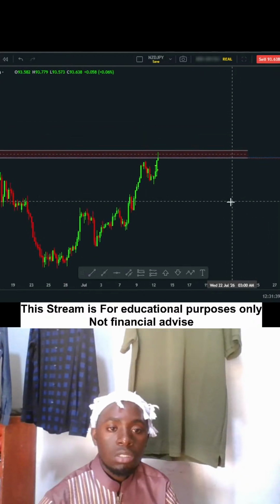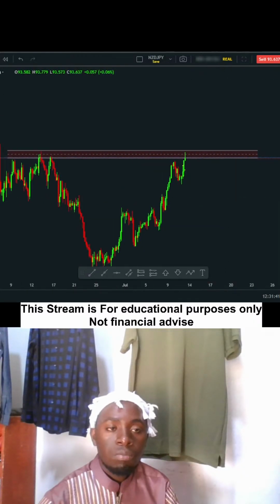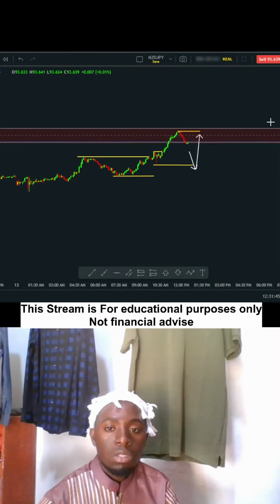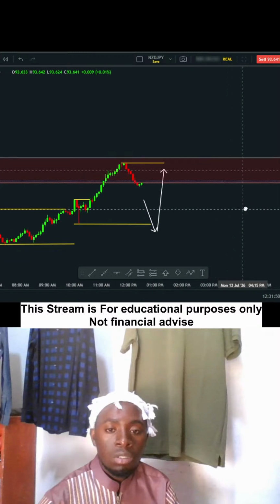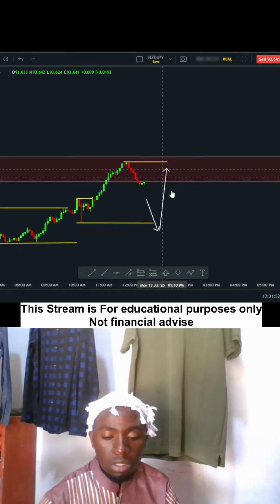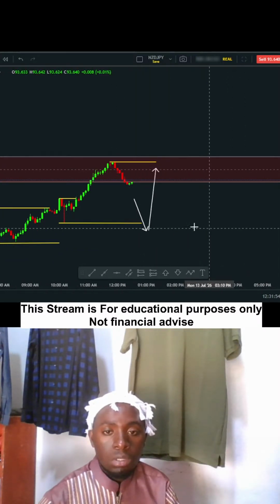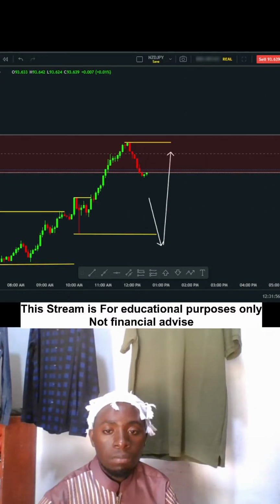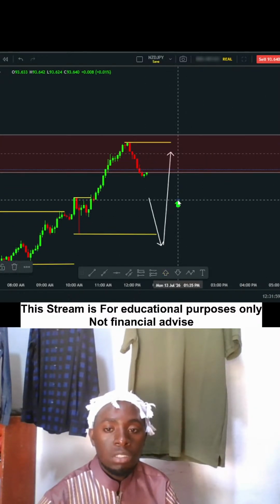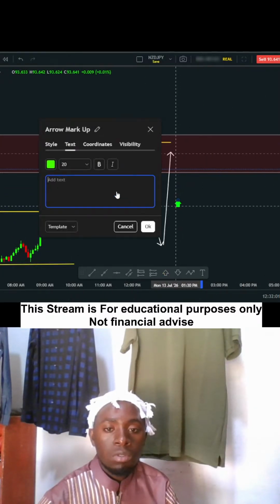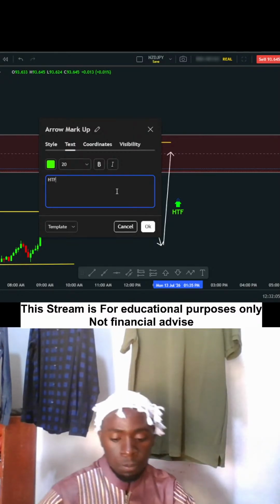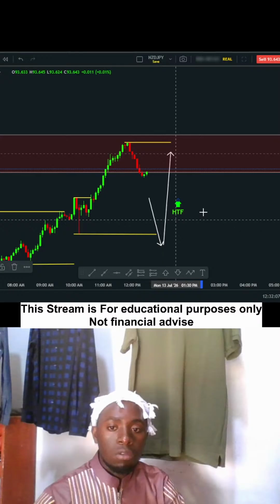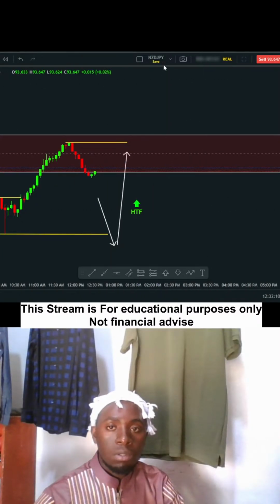You see, there's a supply zone right there. There is a big supply zone right there. So this is dangerous to go for buys at this level. Pretty dangerous. But yeah, the high time frame for real, it's bullish. It is definitely bullish, no doubt about that.